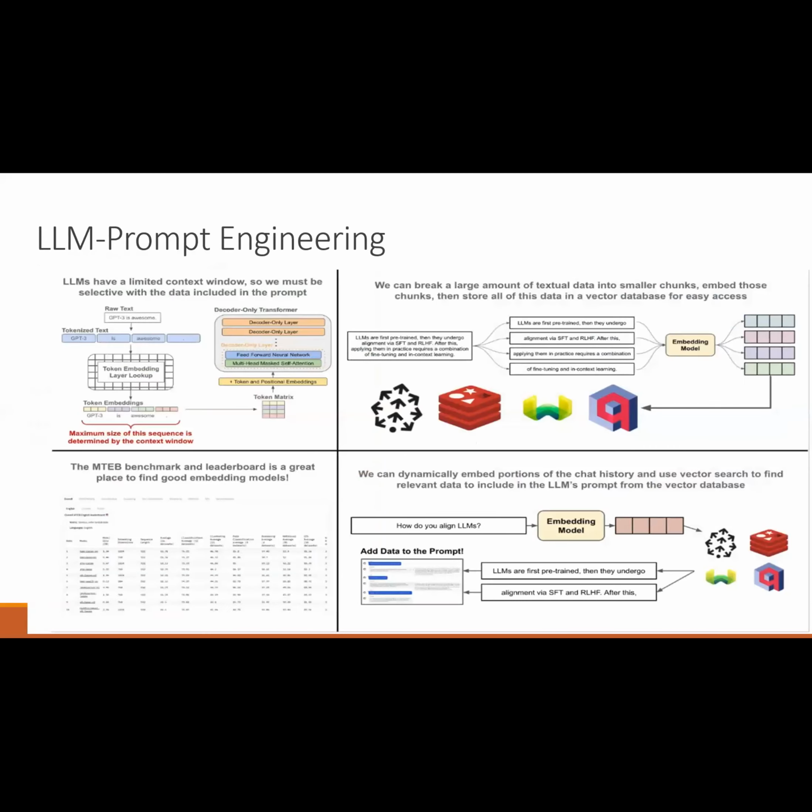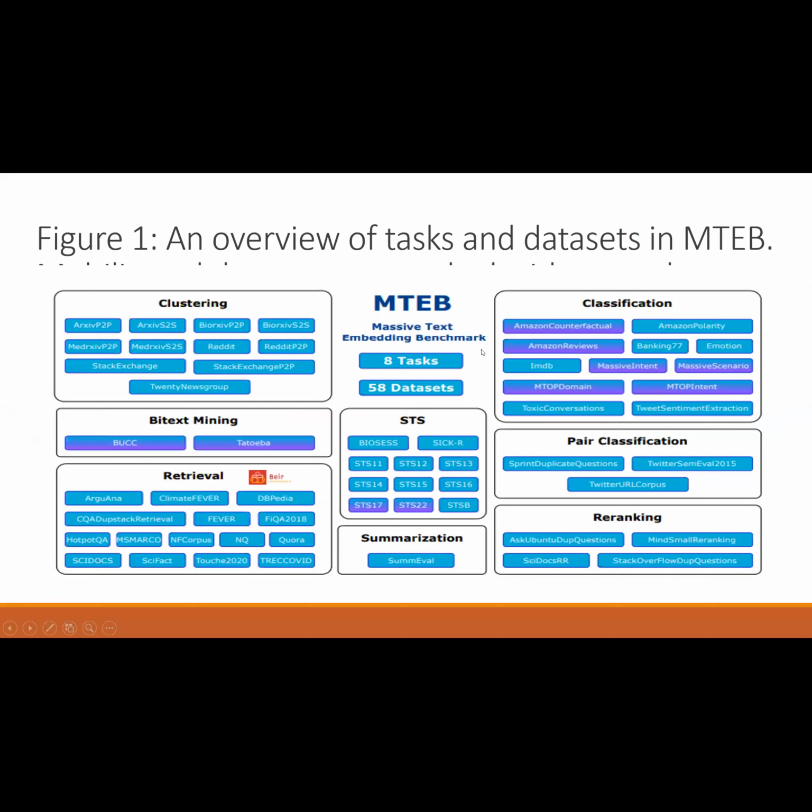So next one, LLM prompt engineering. Here we have discussed some benchmark models. What are the embeddings that are supported so far that are compared here? That is explained here. So totally some standard 58 datasets are taken.